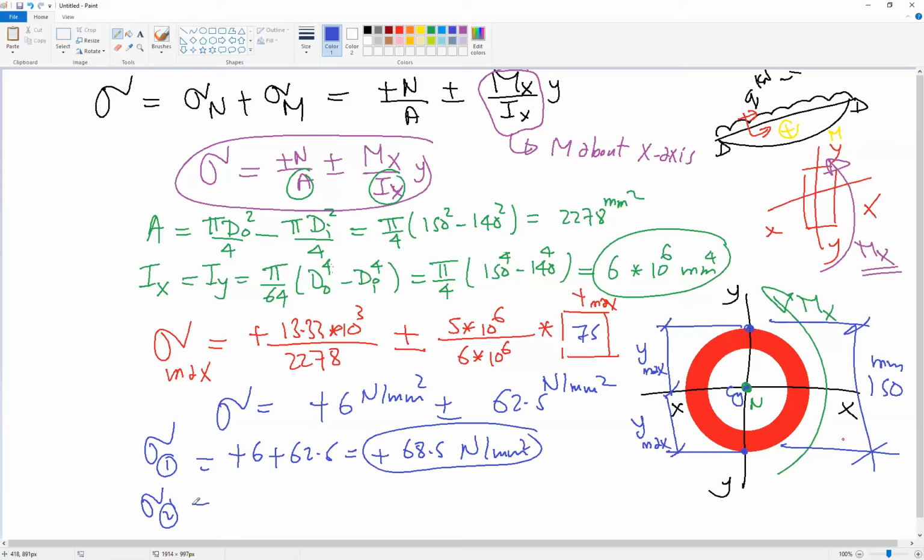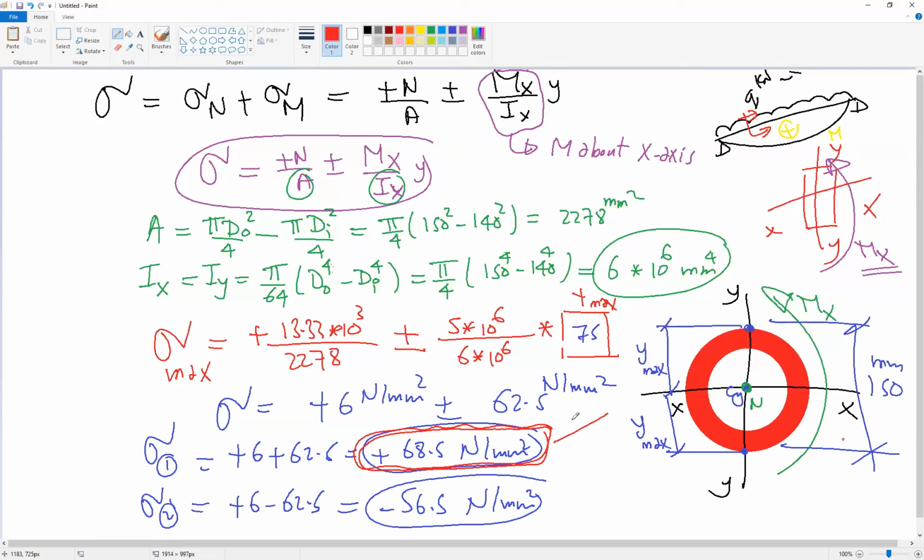And the other component, positive 6 minus 62.5, gives us a stress equal to negative 56.5 Newton per millimeter square. So, as required, the maximum tensile stress for this problem is 68.5.